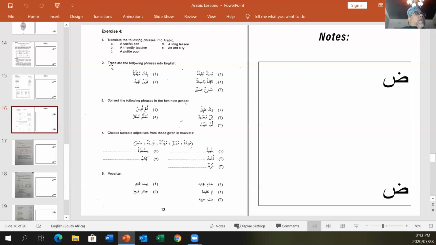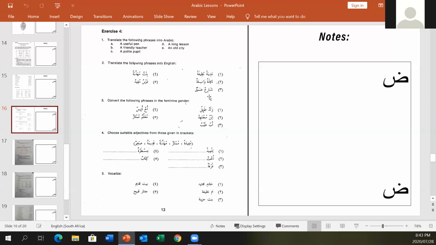Righto. Number 2, translate the following phrases into English. Number 1, madinatun nadhifatun: a clean city. Next one, nafidatun wasi'atun: a wide window. Everybody agree? Okay, fine.